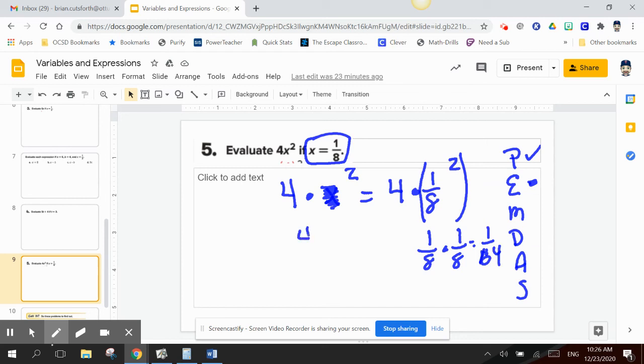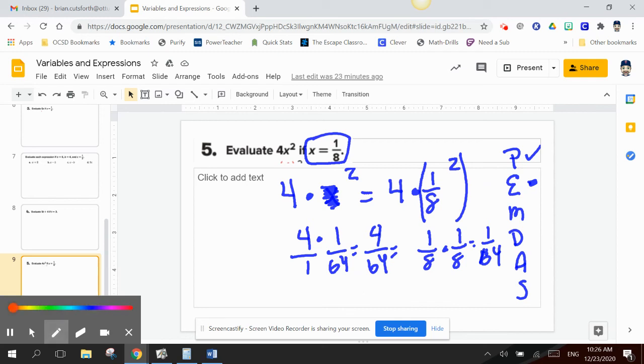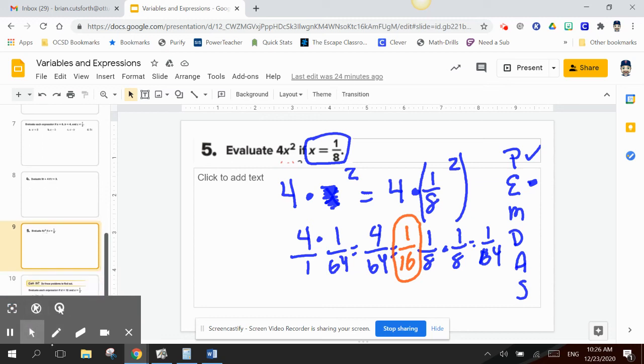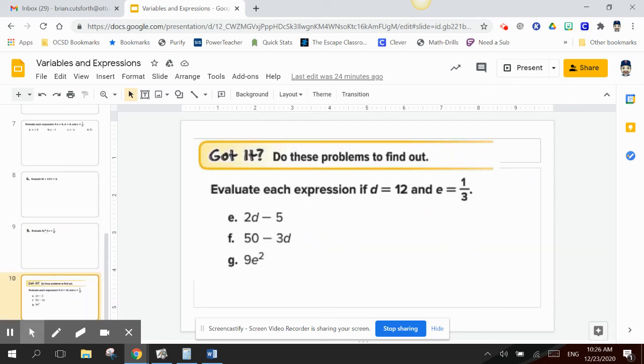So I have 4 times 1/64, which is 4/64, or 1/16. See how there are sometimes many parts to do. So we have to make sure that we keep those in order.